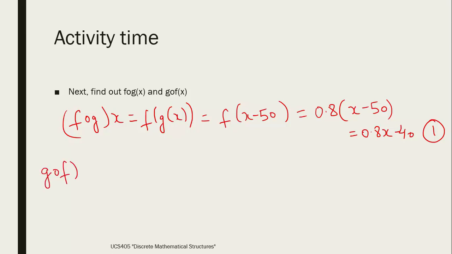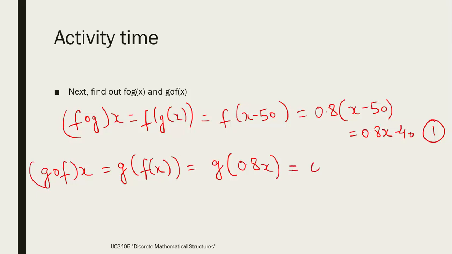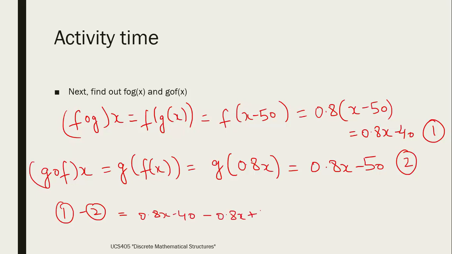Second case, g of f of x. f of x is 0.8x, so this will be equal to 0.8x minus 50. Here we are taking 20% off first and then applying the rupees 50 coupon. Now for comparing 1 and 2, we do 1 minus 2, that is 0.8x minus 40 minus 0.8x plus 50, which is equal to 10.